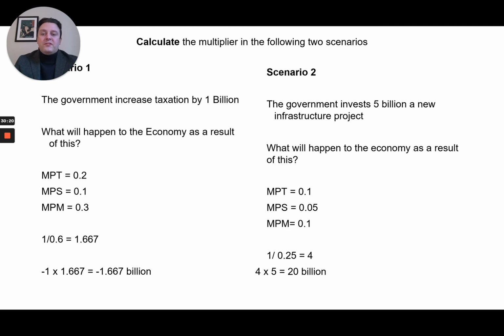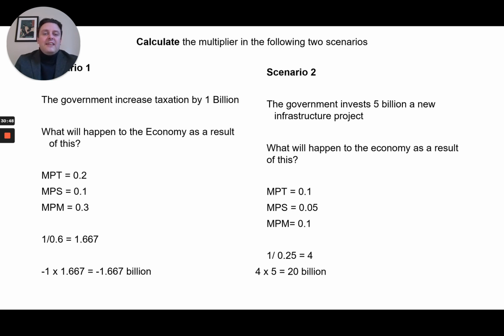And of course, because taxation is a leakage, then you've got negative 1 times 1.667, which is negative 1.667 billion. Okay, so hopefully that makes a wee bit of sense. You can just write that as negative 1.667 billion.